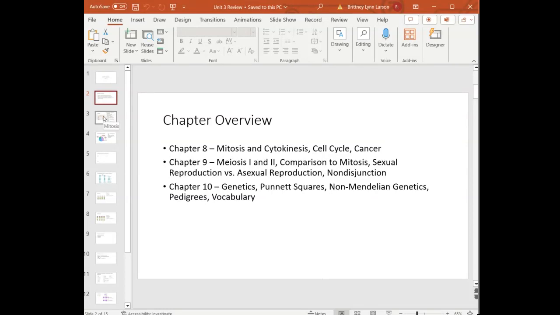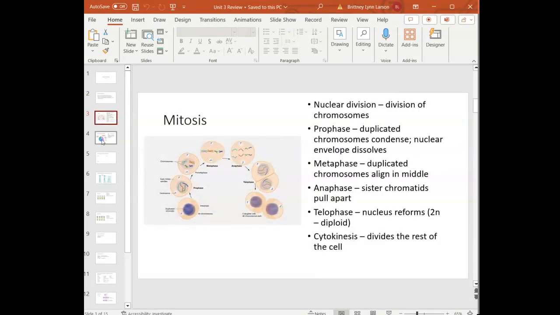So let's start off with the cell cycle and mitosis. In mitosis, one of the big things that I want you guys to be aware of and be prepared for during the exam would be if you are looking at an image, how do you tell if it's mitosis or meiosis?